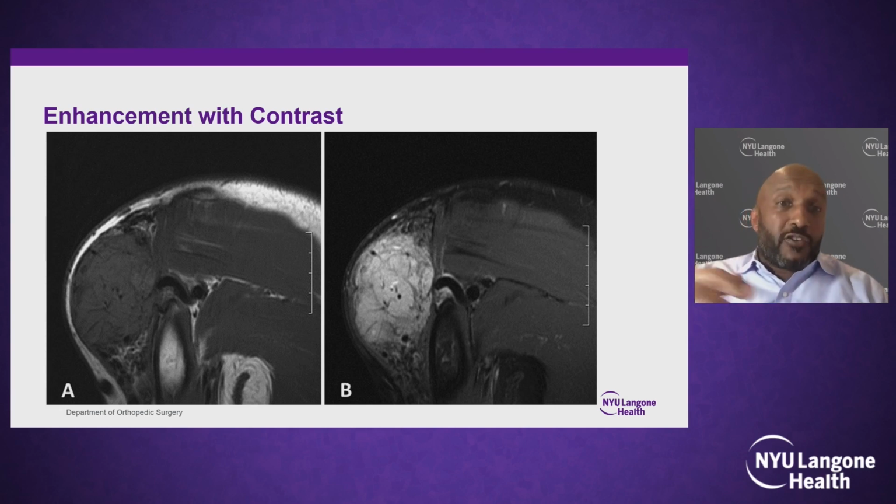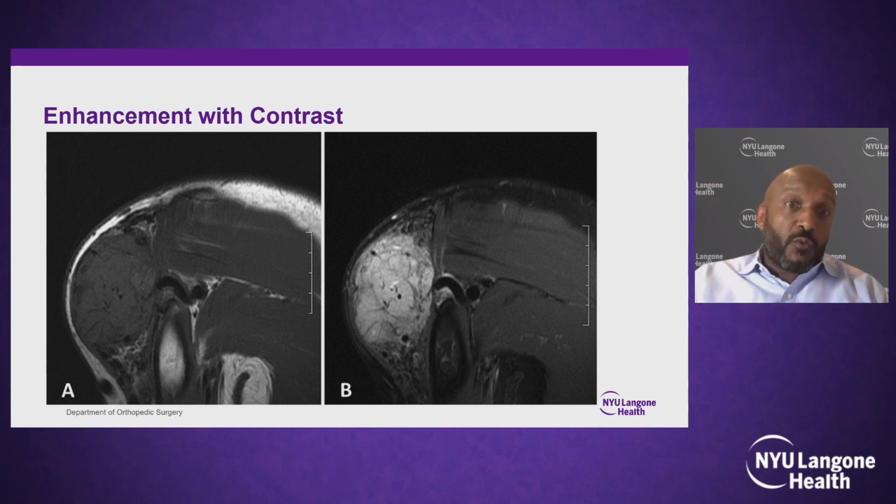And then when you look at the contrast, in this case, the image on the right is a fat suppressed contrast enhanced lesion, showing you that this is a mass that doesn't have much fat and it's enhancing with contrast, which gives us a lot of information. If it was all dark under fat suppression, we would say this is most likely a fatty mass, a benign mass.